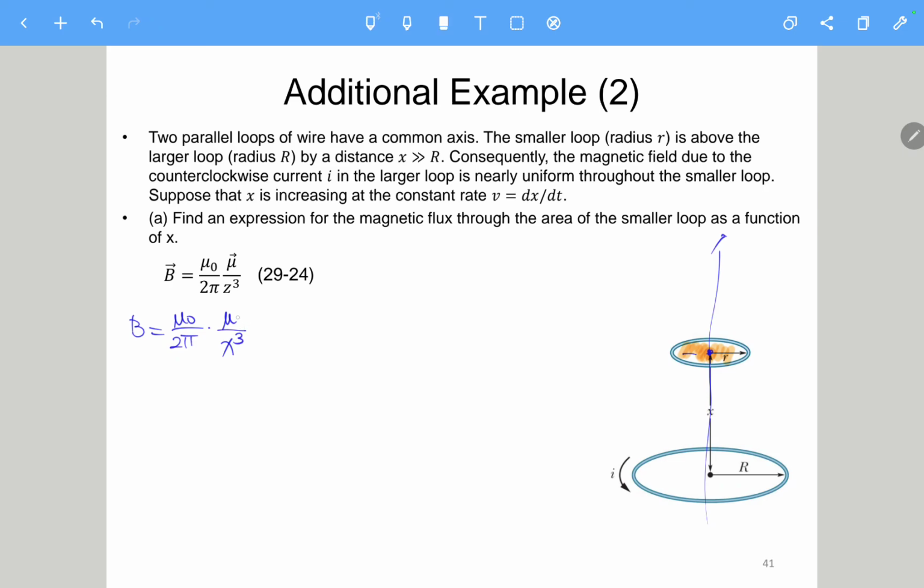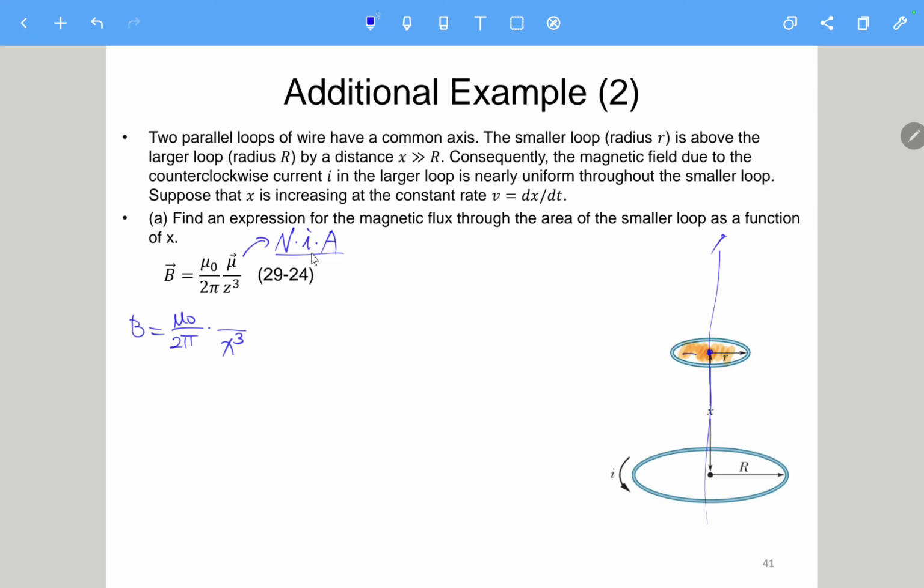and rather than writing it this way, mu is the magnetic dipole moment. Maybe some of you forgot it during the midterm exam, but the magnetic dipole moment is the number of turns times I times the cross-section area, N I A. Here the number of turns is 1, so it is only I times the cross-section area.